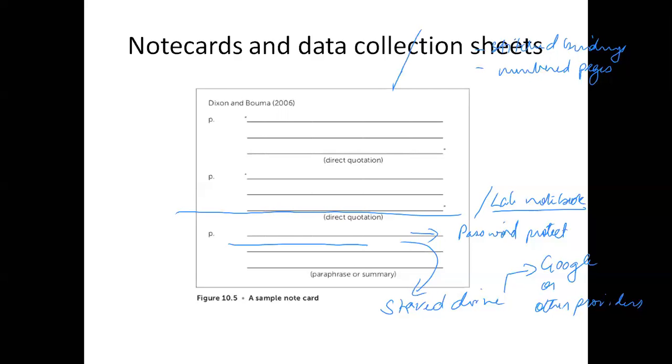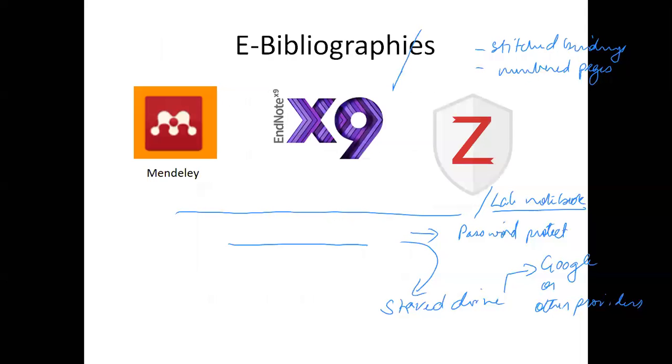Now, we've spoken a little bit about Mendeley, EndNote, and Zotero. I want to talk to you about the importance of having this kind of software in research, because often we end up writing stuff and then having to type in all the references manually.